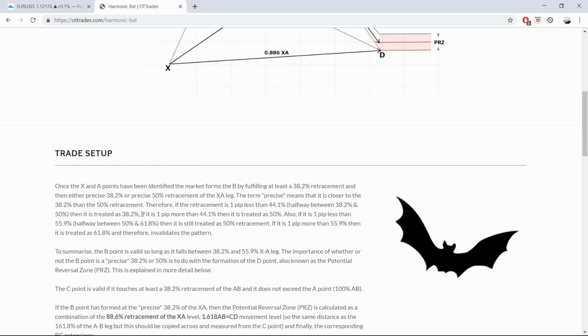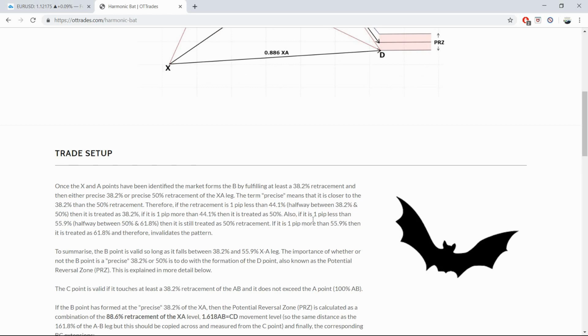Don't worry, I'm going to run through all of this visually on the chart here. If it is 1 pip more than 44.1, then it's treated as 50%. Also, if it's 1 pip less than 55.9, halfway between the 50 and 61.8 retracement, then it's still treated as a precise 50% retracement.